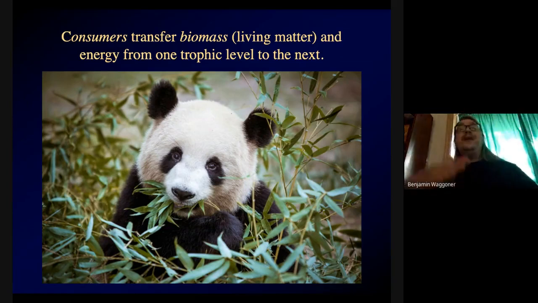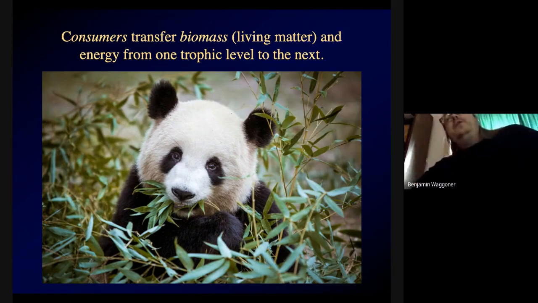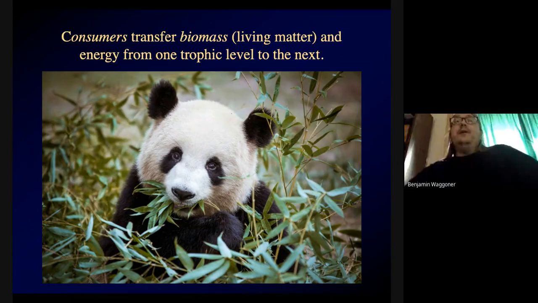So you can think of energy as also being transferred from one trophic level to the next. You could think of the bamboo as storing solar energy, and then when the panda eats the bamboo, some of that energy that used to be solar energy is turned into the energy that runs the panda's own metabolism, and so on. So biomass and energy are constantly moving from one trophic level to the next.